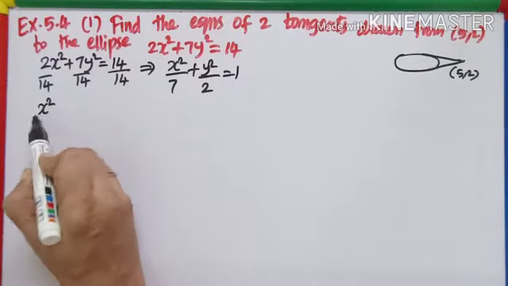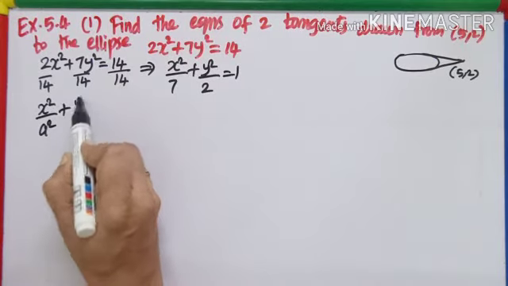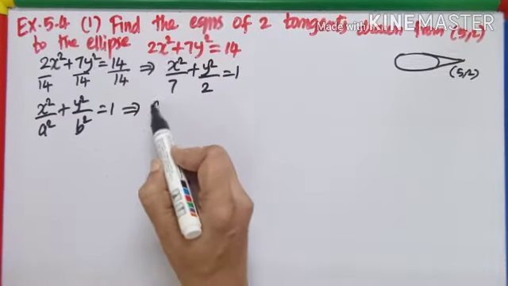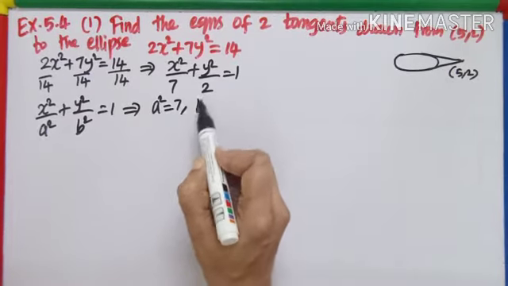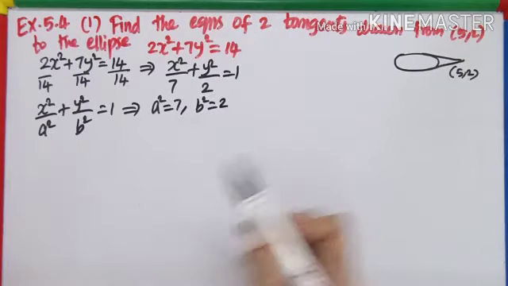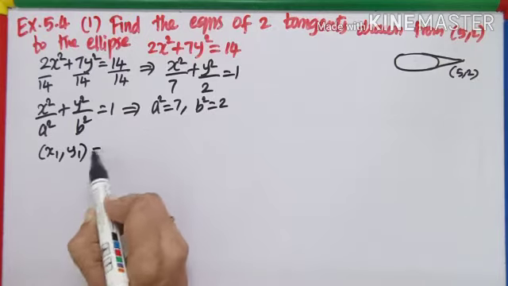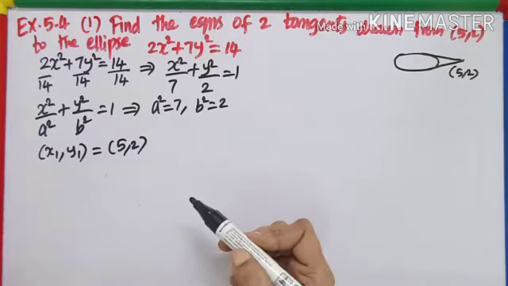Comparing with x square by a square plus y square by b square equals to 1, I get a square is 7 and b square is 2. The given point 5, 2, treat it as x1, y1.